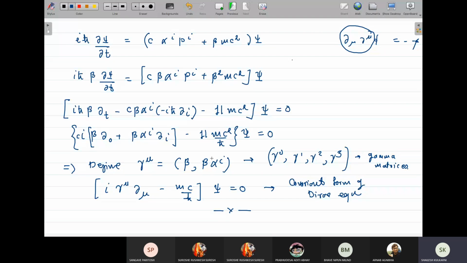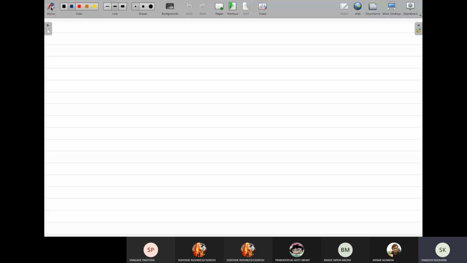Is this clear to all? Okay, so let me spell out explicitly the gamma 0 matrix. Gamma 0 is beta, which is equal to identity, 0, 0, minus identity.